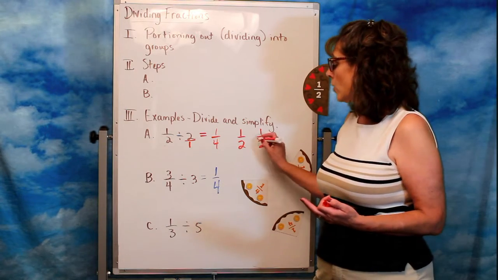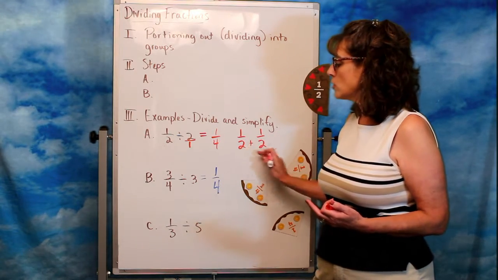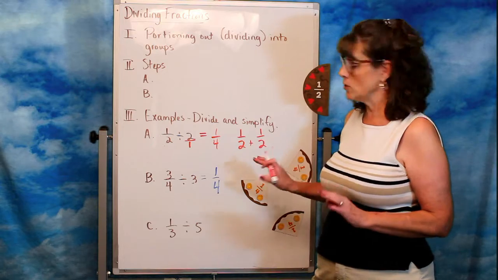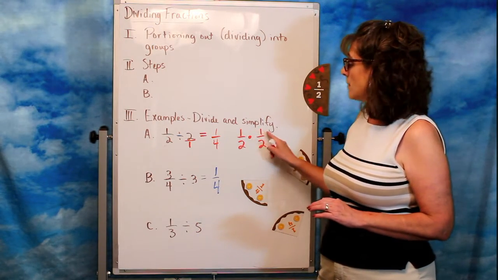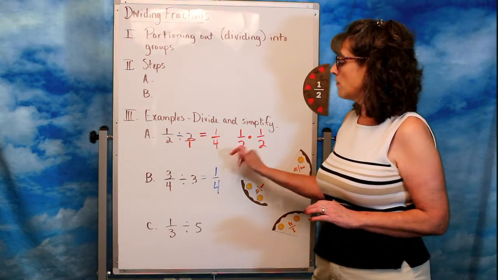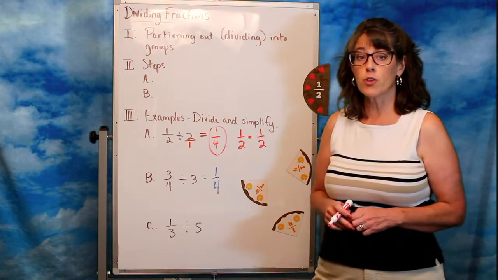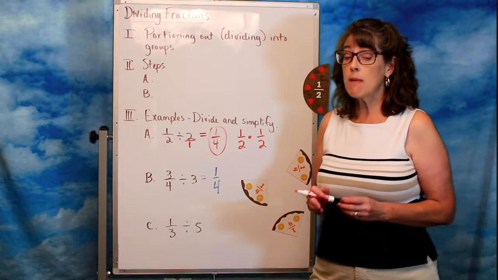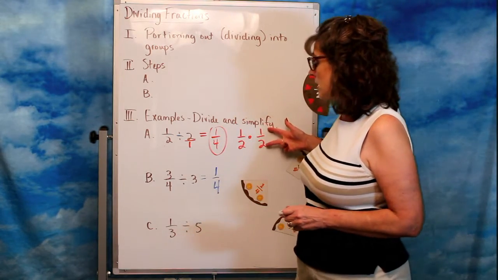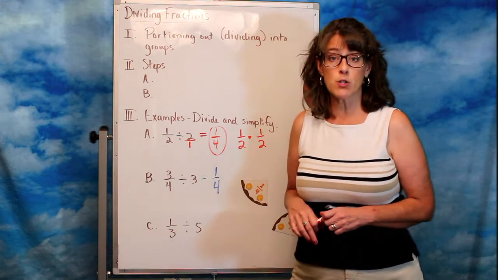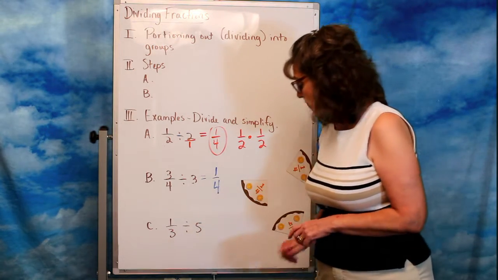Well, if I add 2 and 2, I'll get a 4, but if I add 1 and 1, I get a 2. That's not going to work. But what if I multiply? 1 times 1 will give me 1, 2 times 2 will give me 4. Aha, there's my 1/4. So it appears that my rules would be to take the second number and flip it and turn your problem into a multiplication problem. Let's see if that's the case with this one.